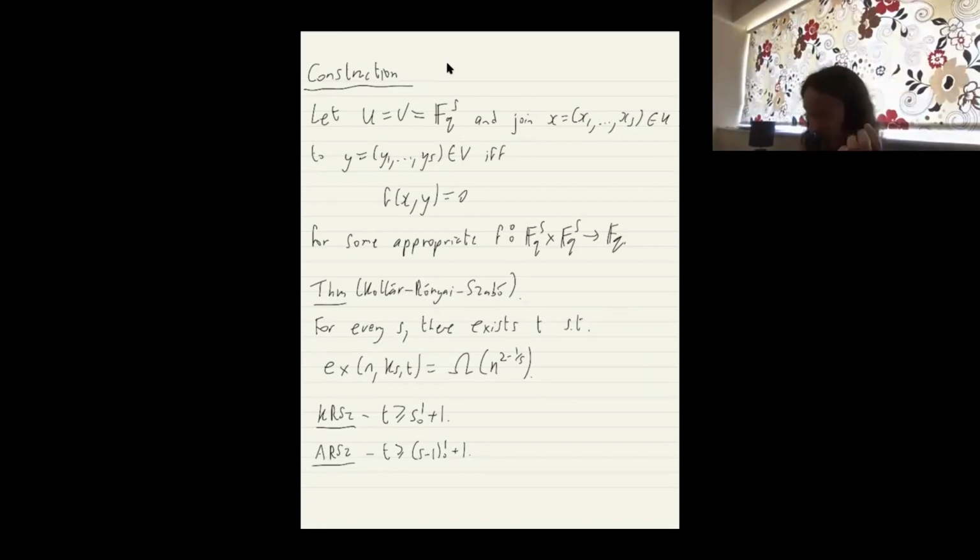So even though it's conjectured that when s equals t there should be some construction, the best that's known is when t is at least (s minus 1) factorial plus 1. One interesting aspect of this is that when s is 2, we just get t as 2, and when s is 3, we just get t as 3. So it corresponds to the two simple constructions I gave on the previous page.